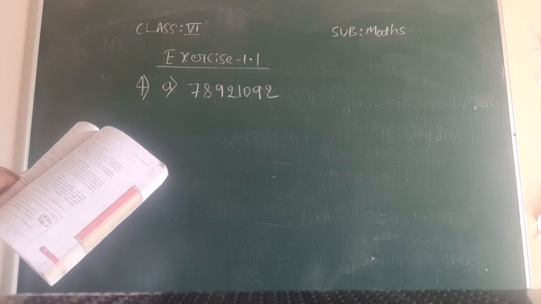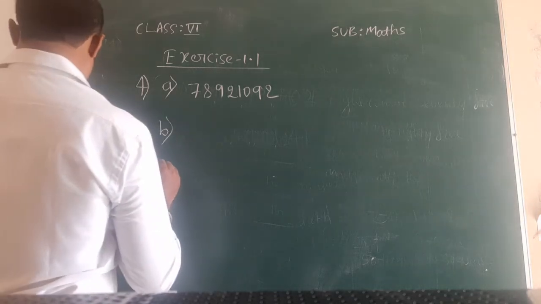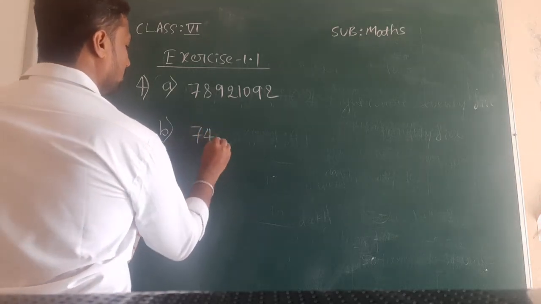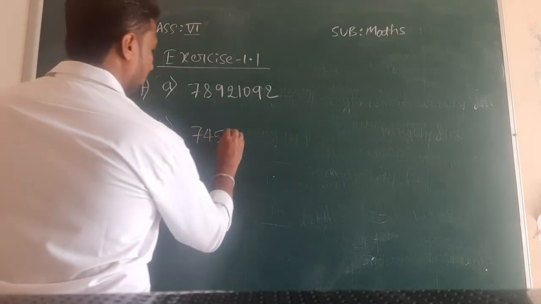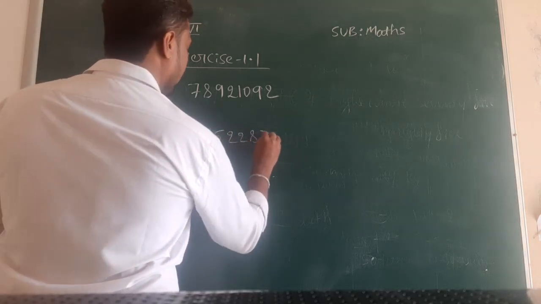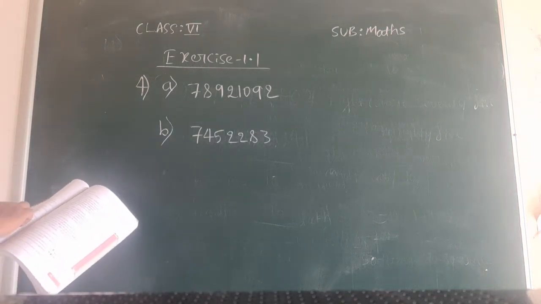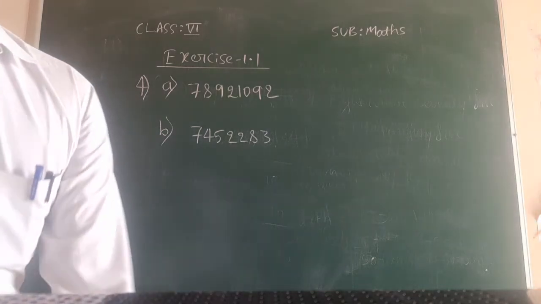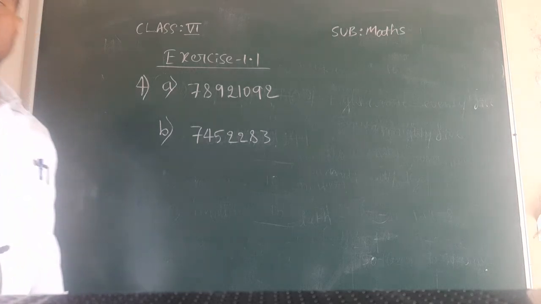Next, 745 2283. So now we will use commas according to the international system of numeration here.